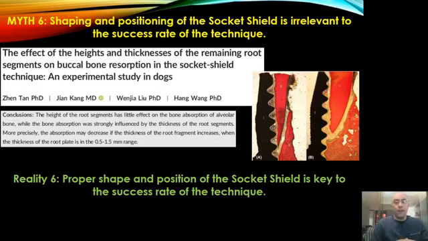They concluded that the height of the root segments has little effect on bone absorption of alveolar bone, and we're talking about the socket shield itself, while bone absorption was strongly influenced by the thickness of the root segment. More precisely, the absorption may decrease as the thickness of the root fragments increases. Mainly they are recommending a thickness of at least 0.5 to 1.5 millimeters.